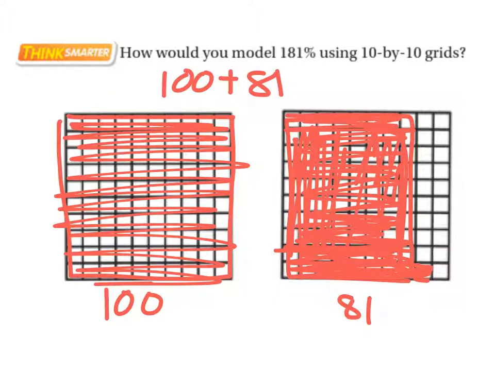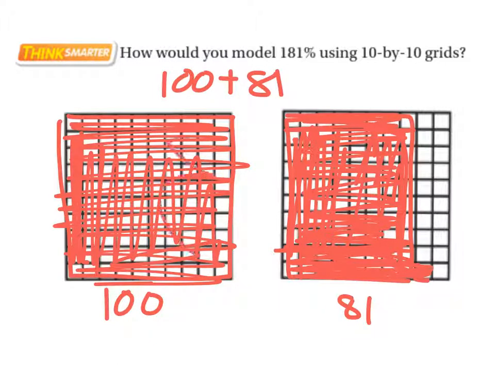And so notice that it does take 2 grids because it's over one whole. Okay. If we were to write this as a fraction, it would be 1 and 81 hundredths. And as a decimal, it would be 1.81. So 1 whole and 81 left over.